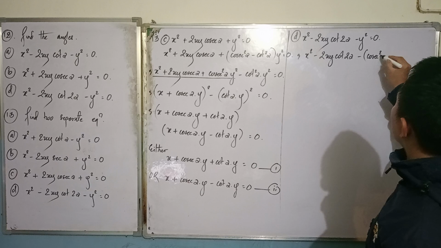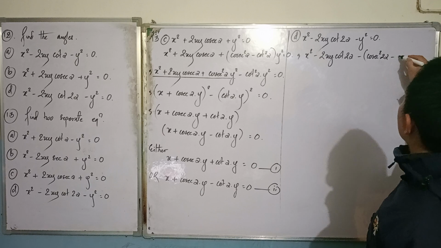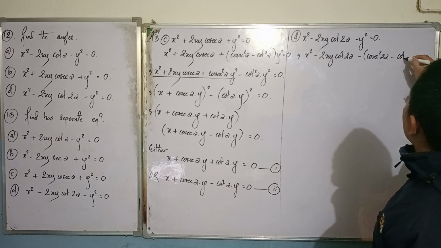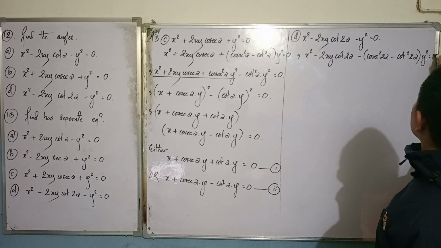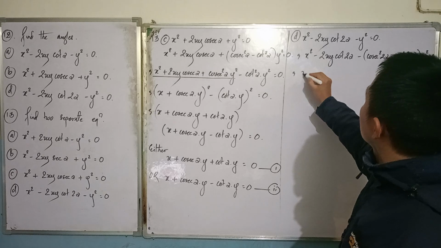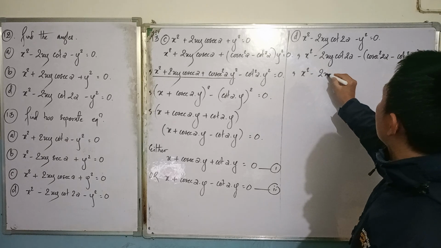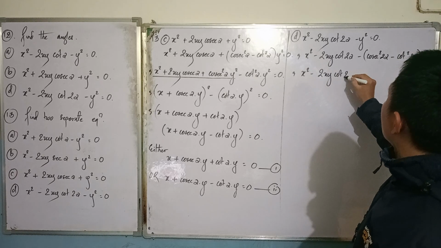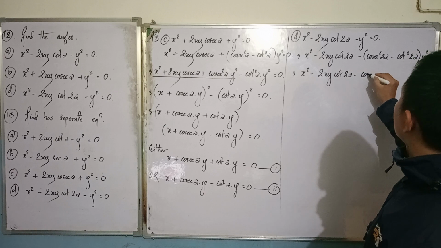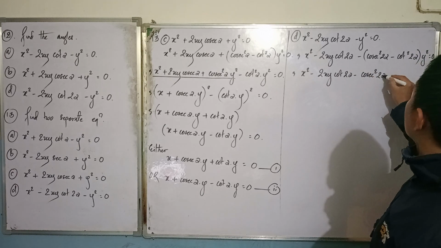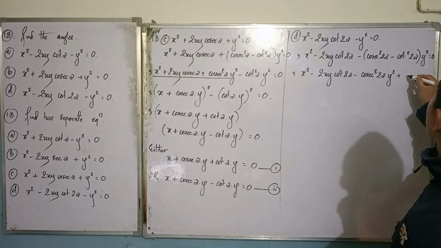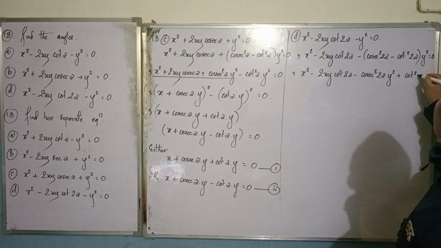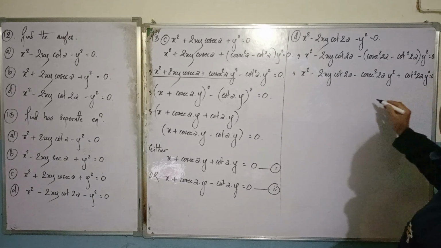So cosec square 2 alpha minus cot square 2 alpha y square is equal to 0, or x square minus 2xy cot 2 alpha minus cosec square 2 alpha y square plus cot square 2 alpha y square is equal to 0.